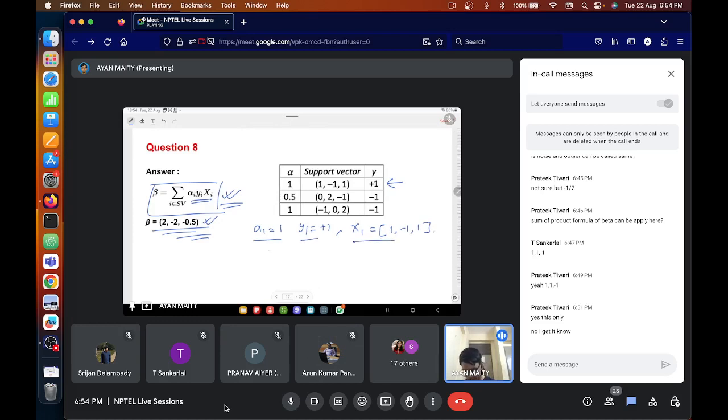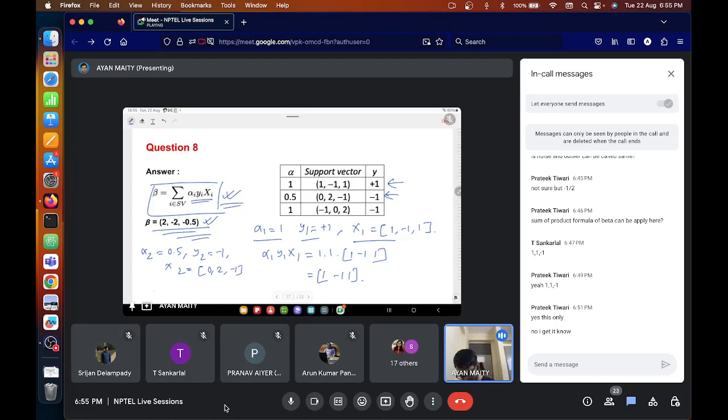Now multiply all three, alpha 1 y1 x1. So we get 1 into 1 into 1 minus 1 1. These are just scalar multiplications of a vector, so it would remain 1 minus 1 1. Now for the second point, alpha 2 is 0.5, y2 is minus 1, and x2 is 0 2 minus 1.